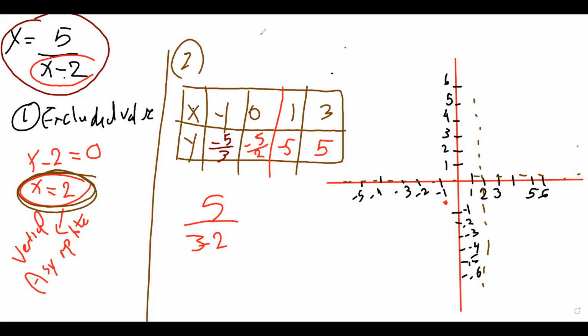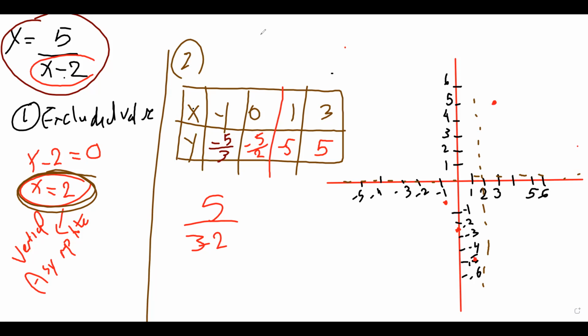At 0, we have negative 5 over 2 or negative 2.5, so it is here. At 1, we have negative 5. At 3, we have 5.